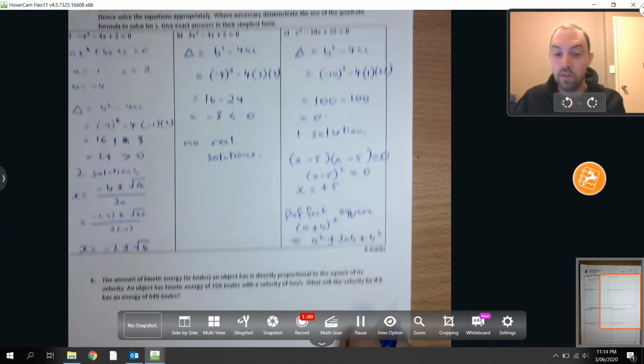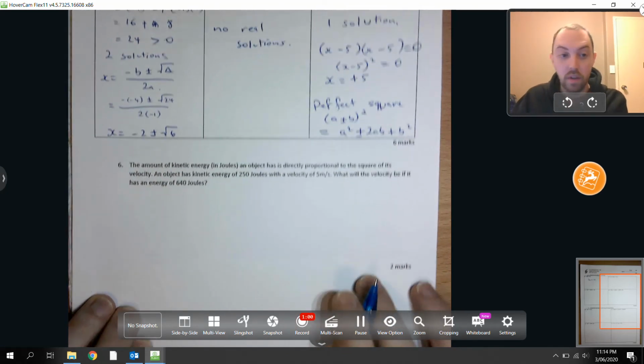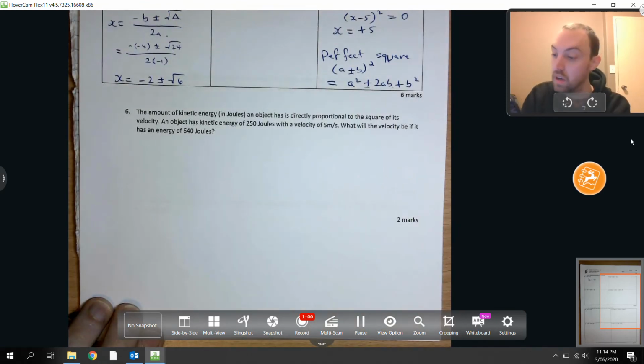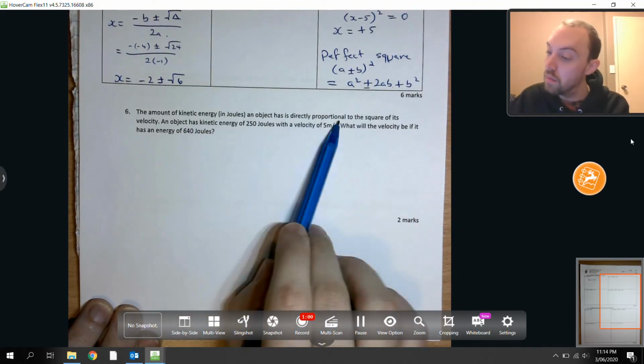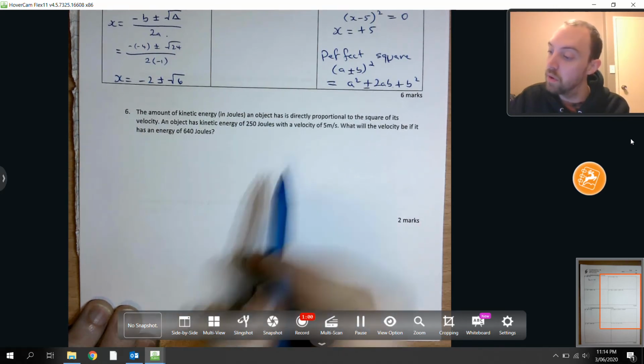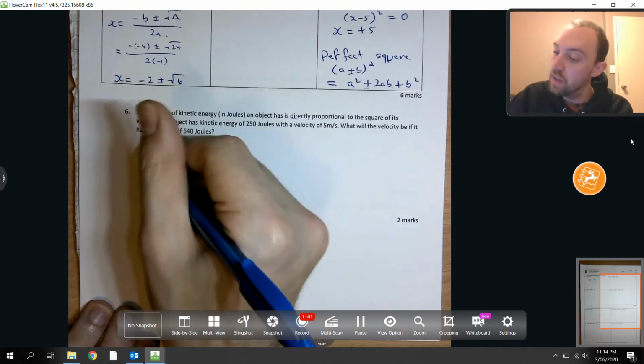Cool. Last question. We've just gone over the hour. This one we're doing direct proportion. Question 6. The amount of kinetic energy an object has is directly proportional to the square of its velocity.